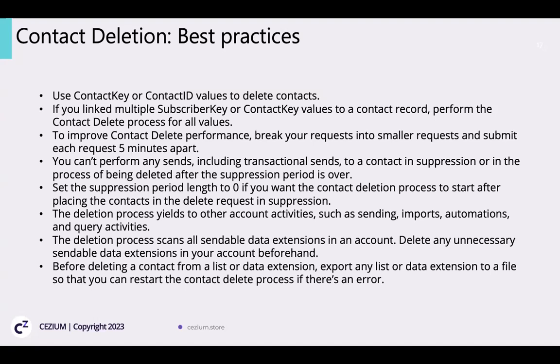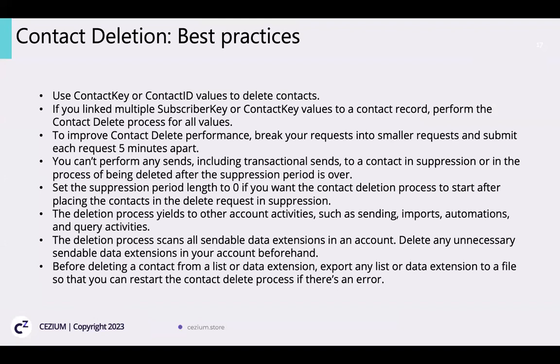Yeah, and the last point is important. You should export lists or data extensions to a file if you have a problem or if there is an error during the contact delete process. If you've been working on Marketing Cloud, you saw a bunch of automation fail, and errors can happen.